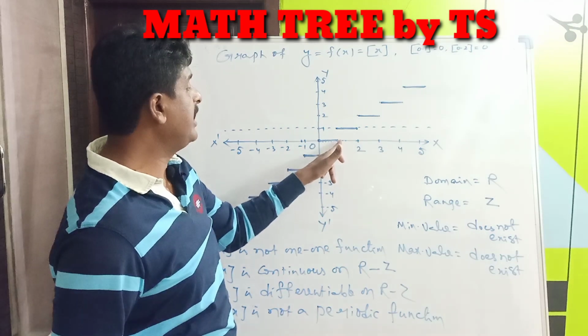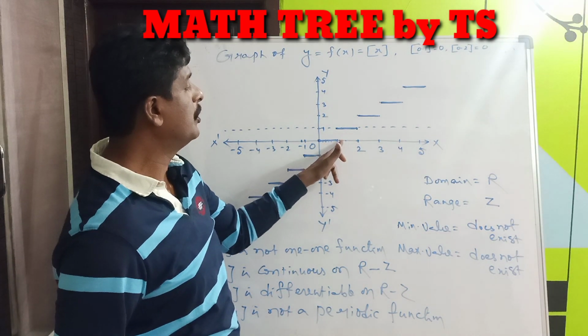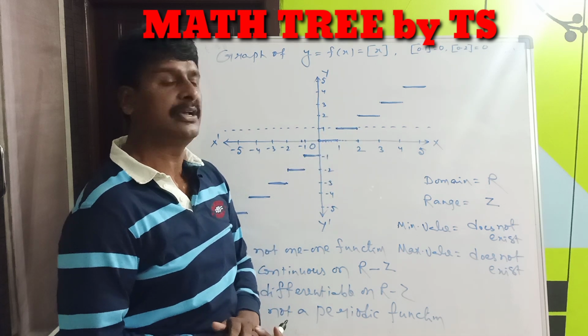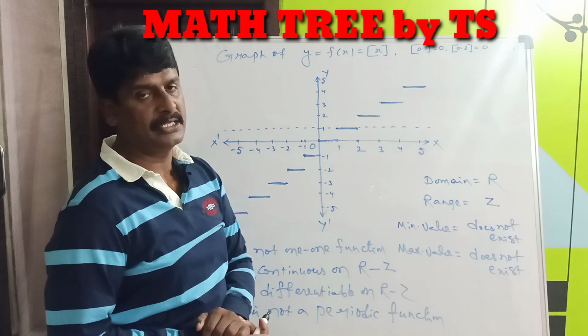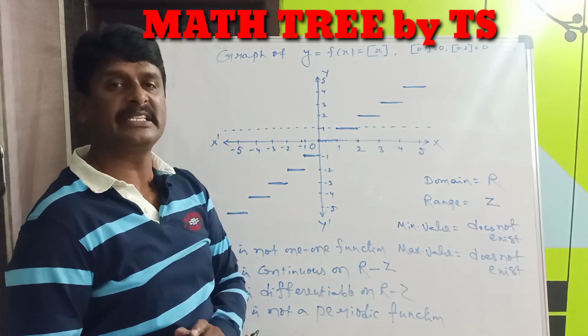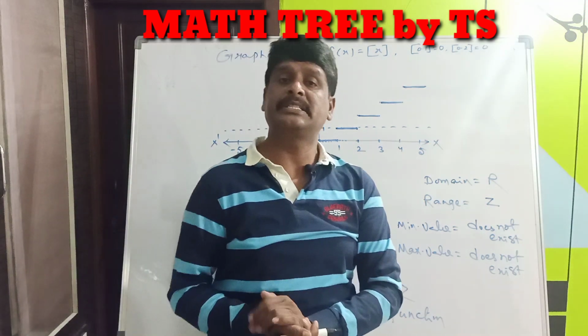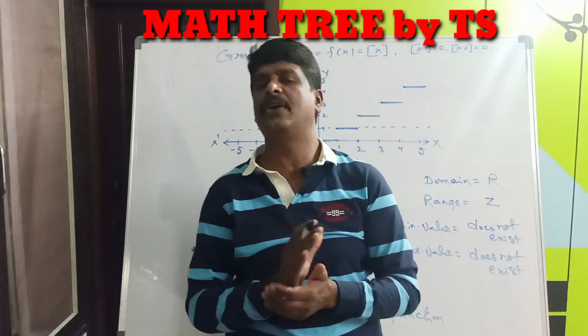Here x values are increasing from 1 to 1.1, 1.1 to 1.2, 1.2 to 1.3, but the y value remains unchanged. Throughout this interval y is equal to 1 only. So it is neither increasing nor decreasing function. So this is about the step x function, its properties and its graph.